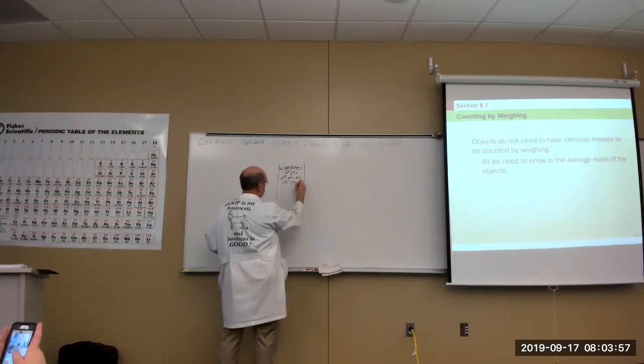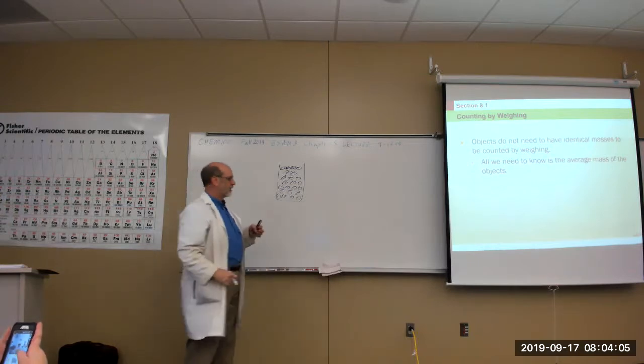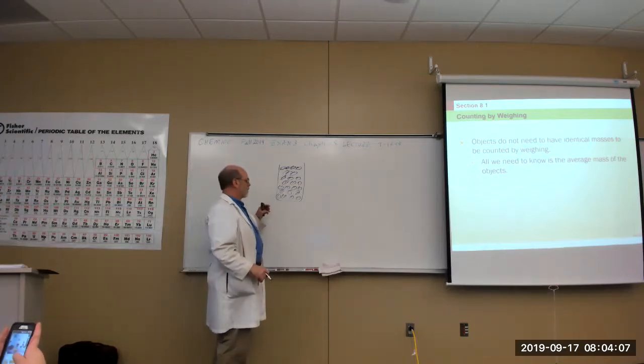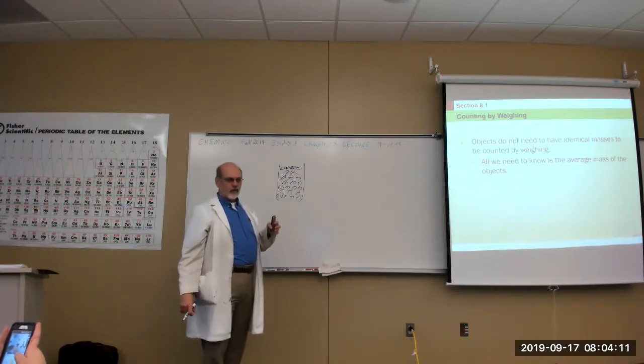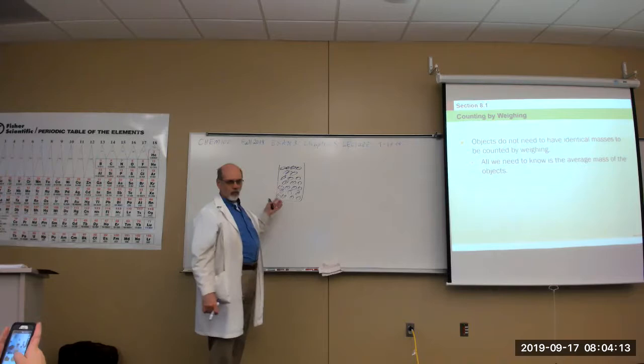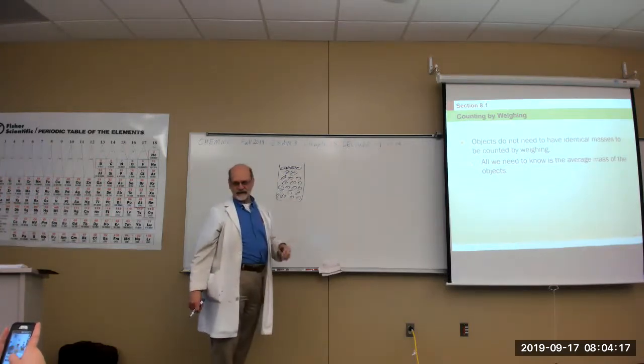objects, and they appear to be similar in size and shape. And that's a good thing. But you can't dump them all out and count them. But what you are allowed to do is weigh them. So let's assume that the container doesn't weigh anything.